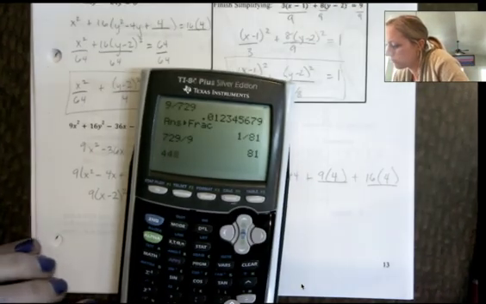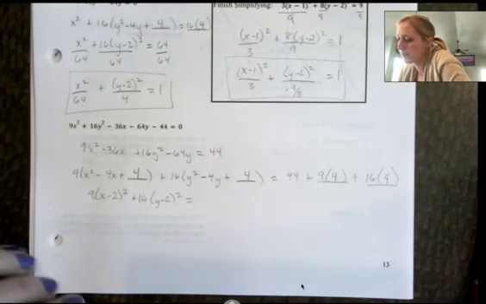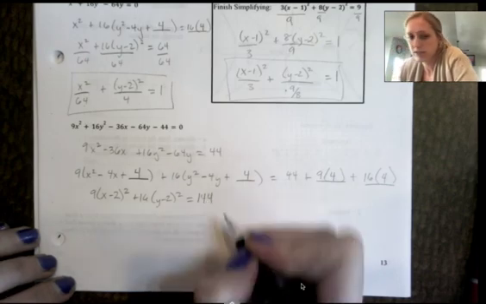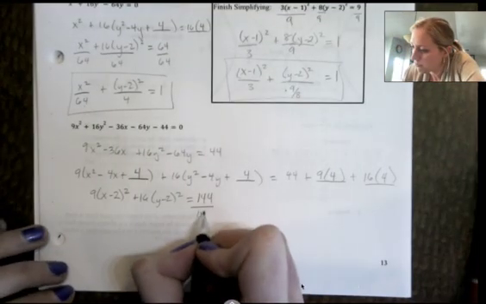Let's see, 44 plus 36 plus 64? 144. All right, so now to get it equal to 1, we're going to divide everything by 144.